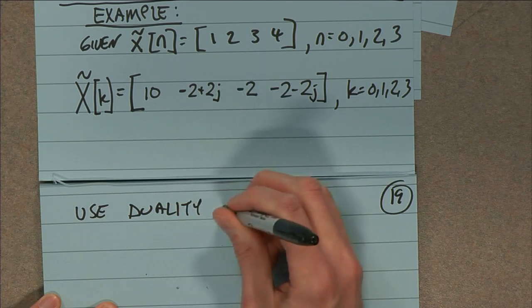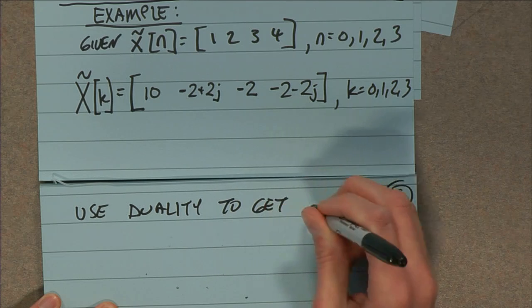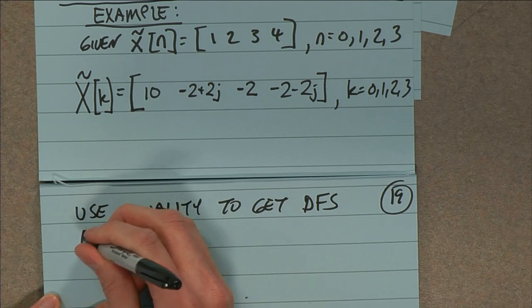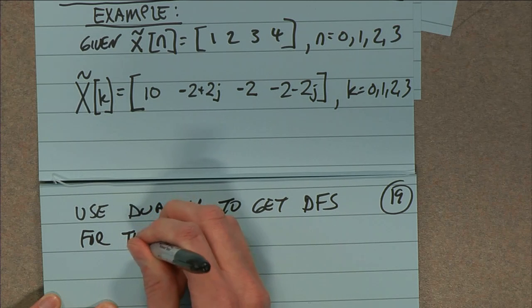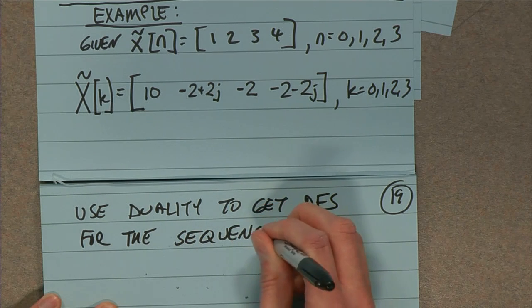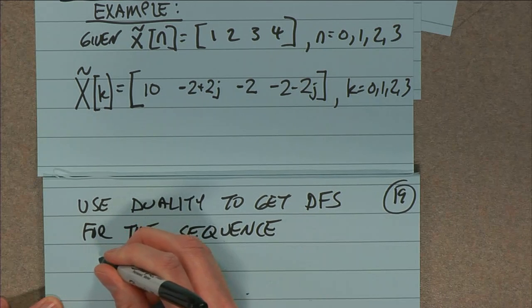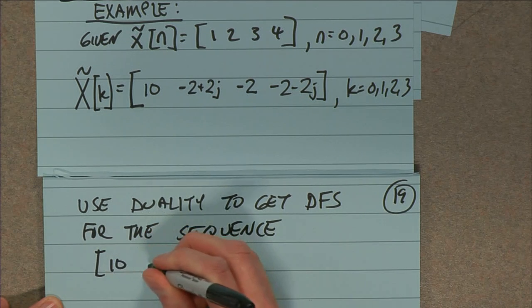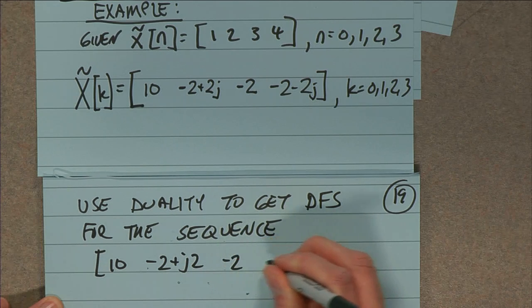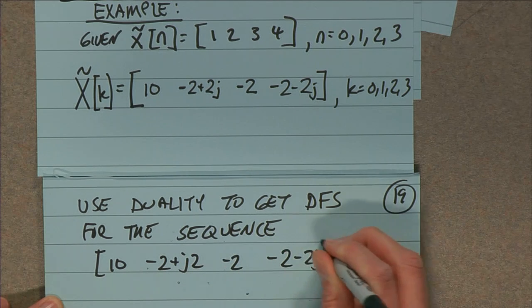Use duality to get the discrete Fourier series for the sequence (10, minus 2 plus j 2, minus 2, minus 2 minus 2j).